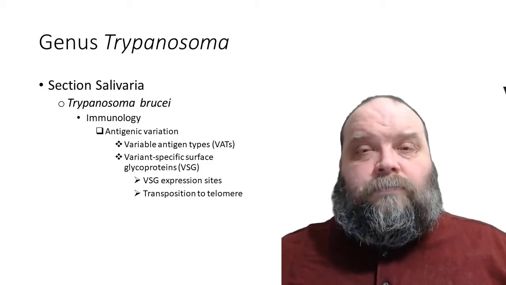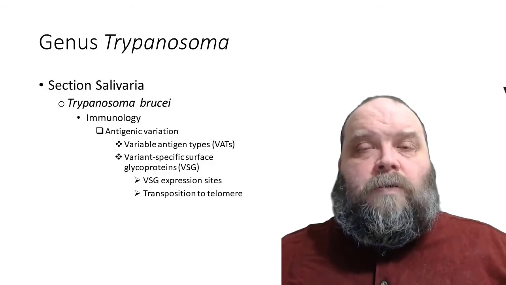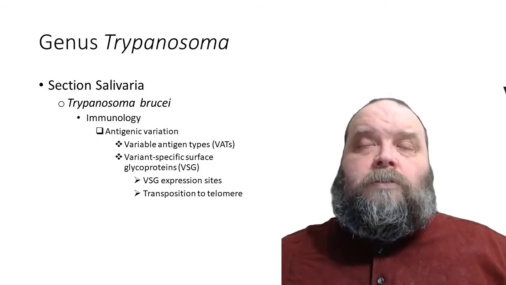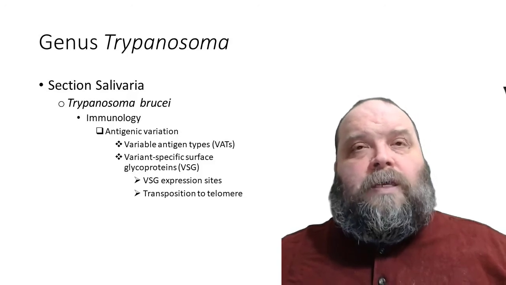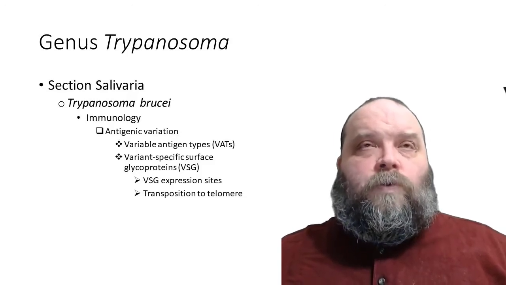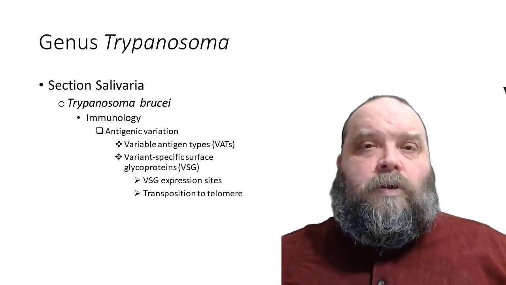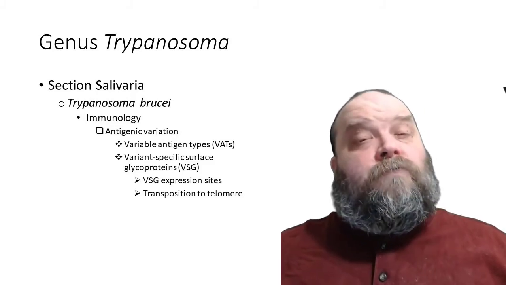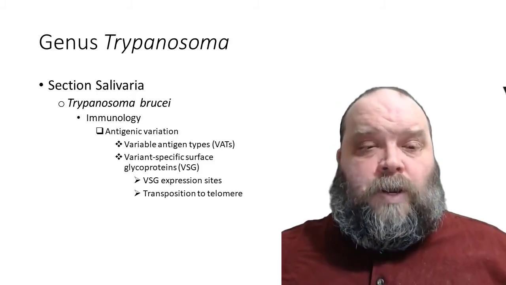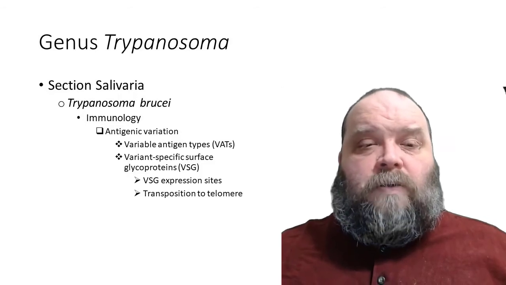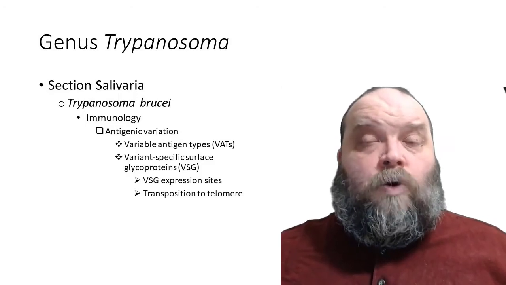Over time, these parasites will alter how things are expressed. They will change which genes are being expressed, which versions are being expressed. They refer to this as variant-specific surface glycoproteins.